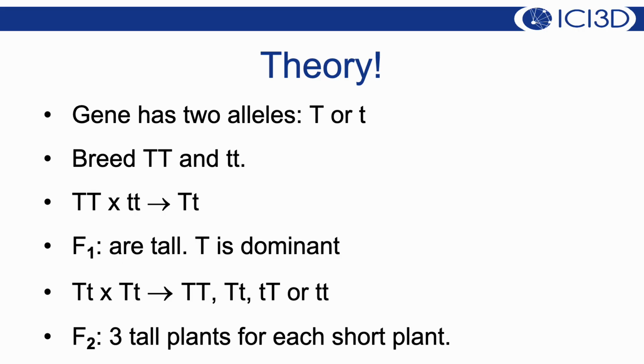So the offspring is going to be big T and little t, but because big T is dominant, all of the F1 generation are tall.